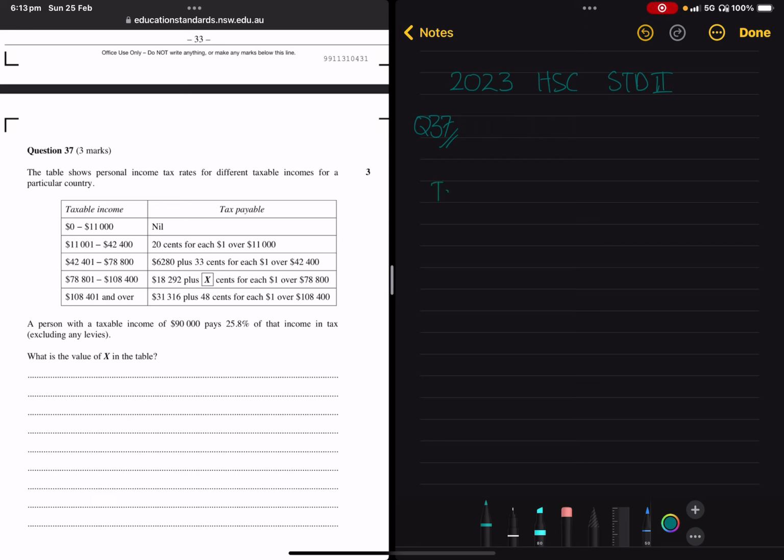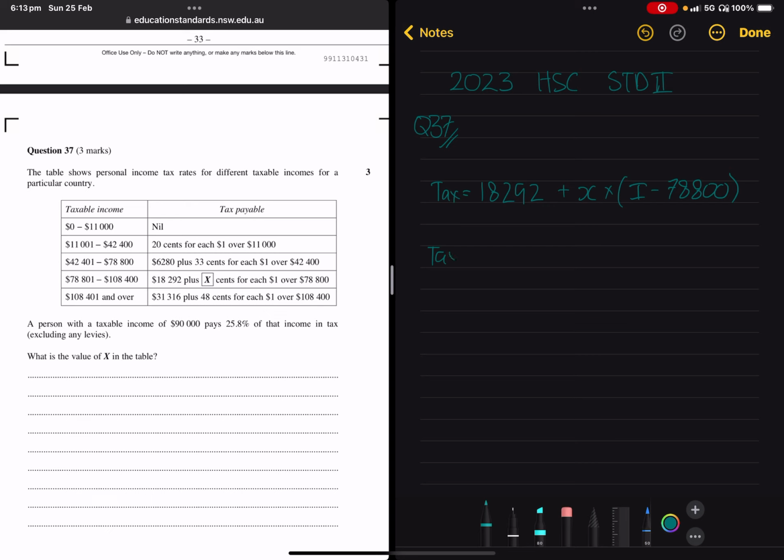So the tax payable, if you're in the third bracket, is 18,292 plus X many cents per dollar times any income over 78,800, income minus 78,800. So this is an equation that links your income, the marginal tax rate in that bracket, the base tax payable, and the total tax payable.